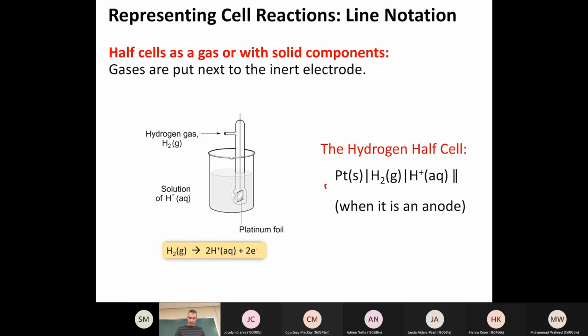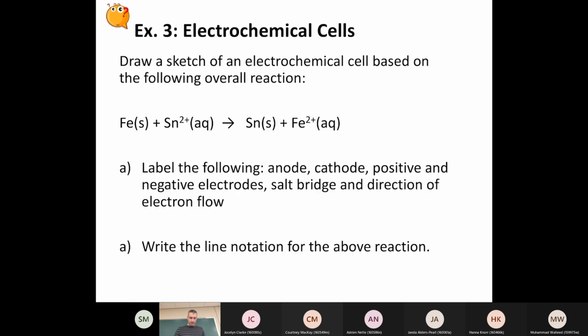This is the case where you have the hydrogen electrode, the SHE. Okay. And here we have an example. So I'm going to move past this because I feel like we've covered this aspect quite well. We've drawn several electrochemical cells. We've labeled all the things, and the line notation I think we're okay with.